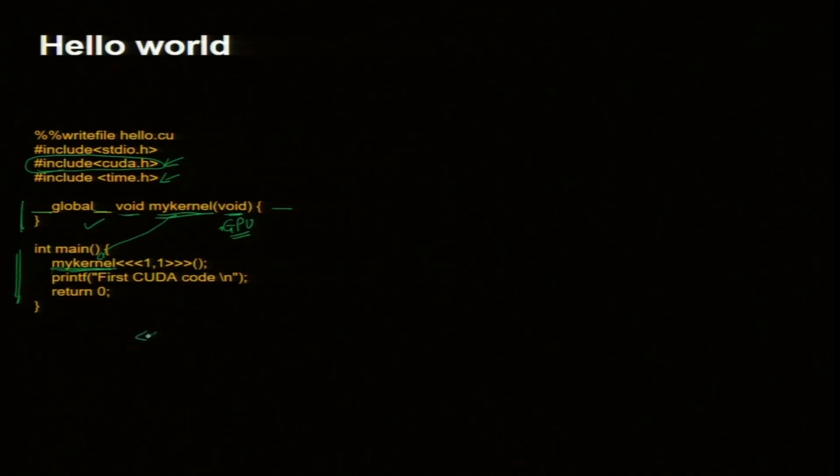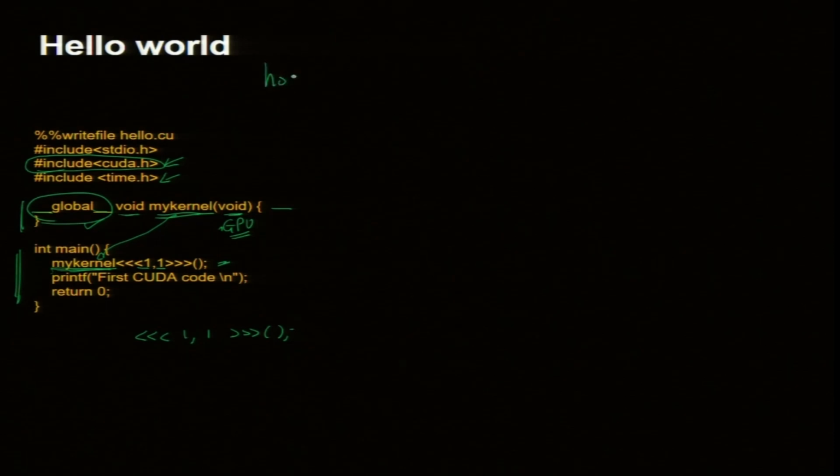You put 3 left arrows, 2 numbers and 3 right arrows, like that. So, 2 numbers within 3 arrows. This is the function which runs on GPU, because it has the keyword __global__ on the left, and global is a keyword which the compiler understands, that this code will be directed by the host.